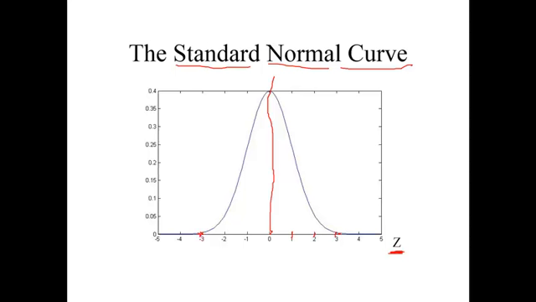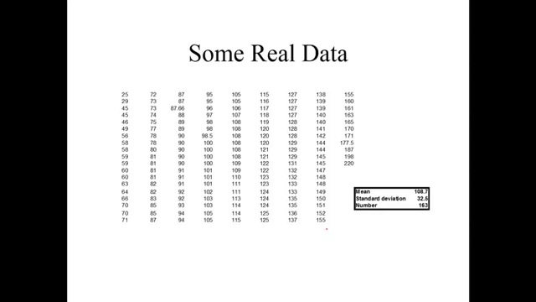Not very much is happening probability-wise. We use this curve to calculate probability with the normal distribution, and the calculation is connected to the area underneath the curve. So if there is not very much area underneath the curve, that means the probability is very low.